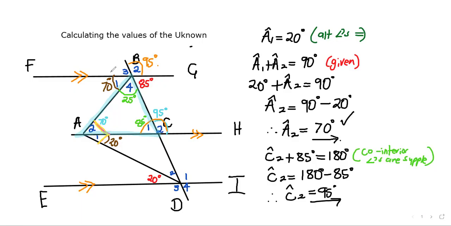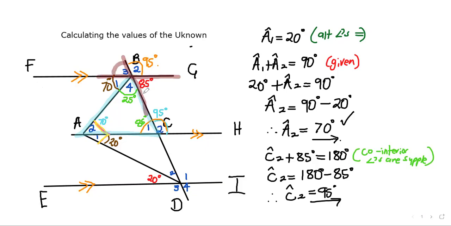B3, you're going to get 85 degrees because those are vertically opposite angles. You remember that I said when two straight lines intersect, the vertically opposite angles are equal. So these are two straight lines which are intersecting.